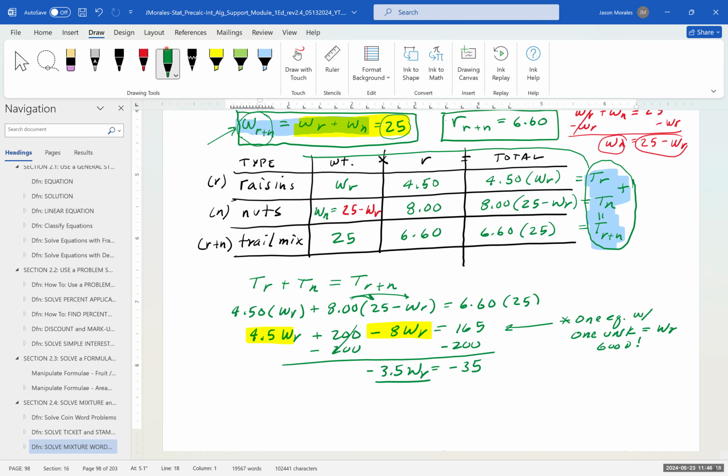Divide both sides by negative 3.5. So here, when we're dividing and we have two of the same sign, it's going to make this quotient a positive. So the weight of raisins is going to be equal to 10, which is 10 pounds.